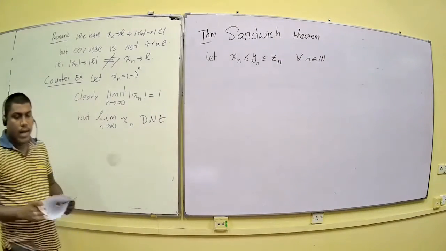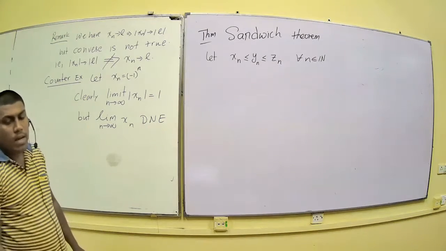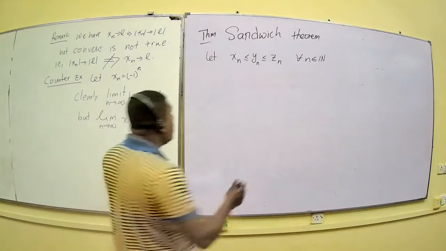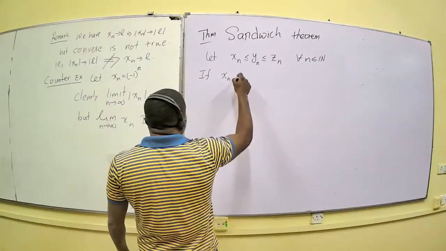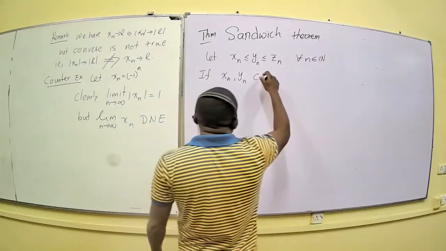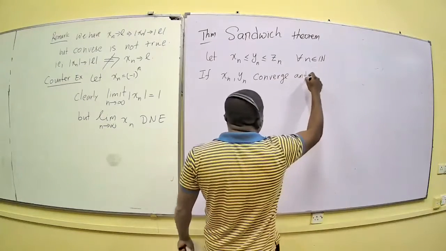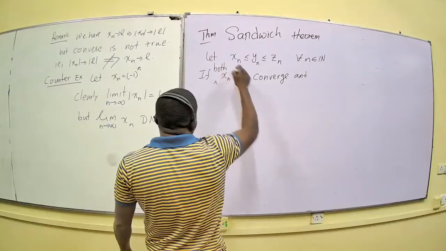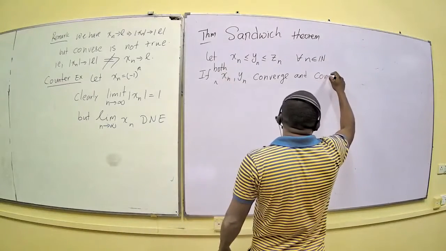You have three sequences, right? One of them is sandwiched in between the other two sequences, right? If xn, zn converge, and both xn and zn converge to the same limit.